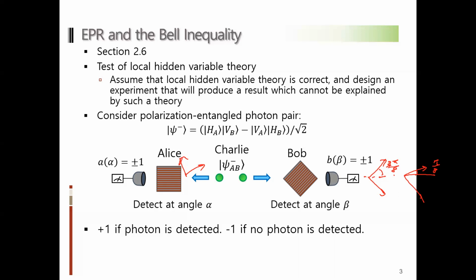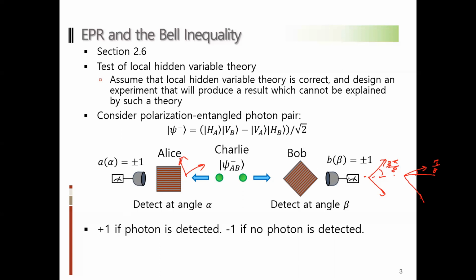That's what she does. Similarly, Bob will also measure whether a photon was transmitted or absorbed by the polarizer. Whenever she measures the transmitted light, she will say that her measurement result is +1, while if she does not measure any photon, she will declare -1.